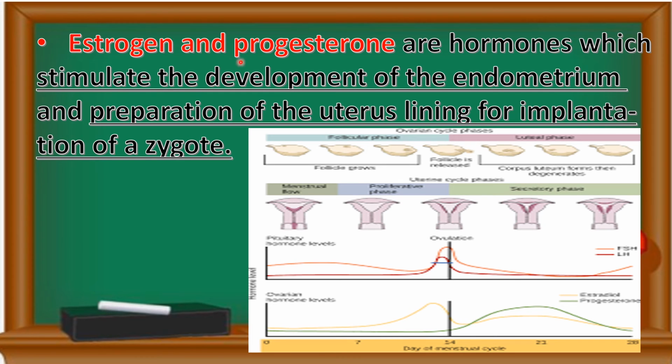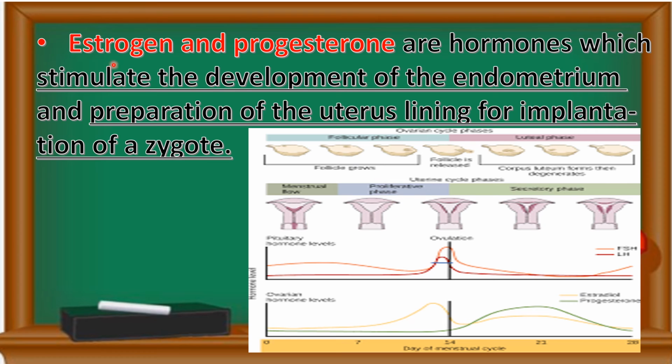So what is the function of your estrogen and your progesterone? Your estrogen and progesterone are the hormones which stimulate the development of your endometrium and preparation of the uterus lining for implantation of a zygote. So again, these are the hormones that stimulate the development of the endometrium. So this one is what you call your endometrium.